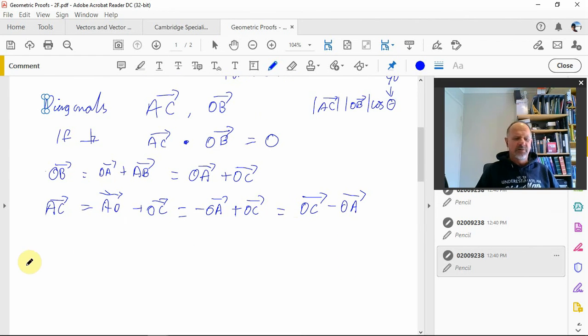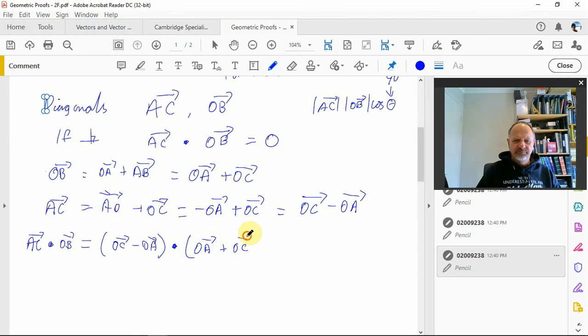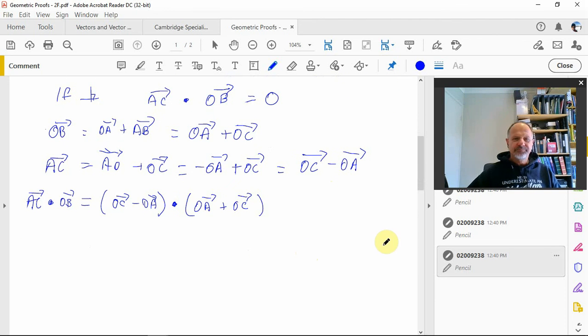So now we're looking at the dot product. The dot product of AC with OB. In terms of what we got, that's the dot product of OC minus OA with OA plus OC. Now we need to expand some things out here, do the dot product.